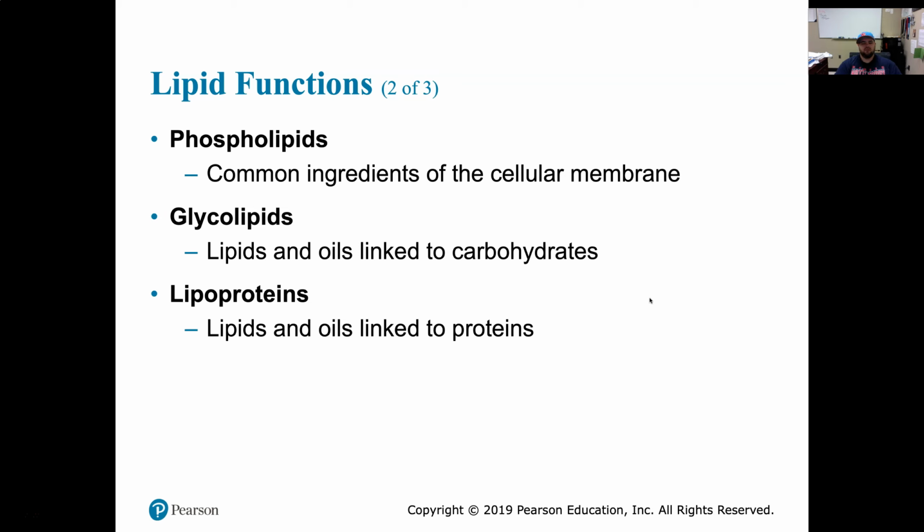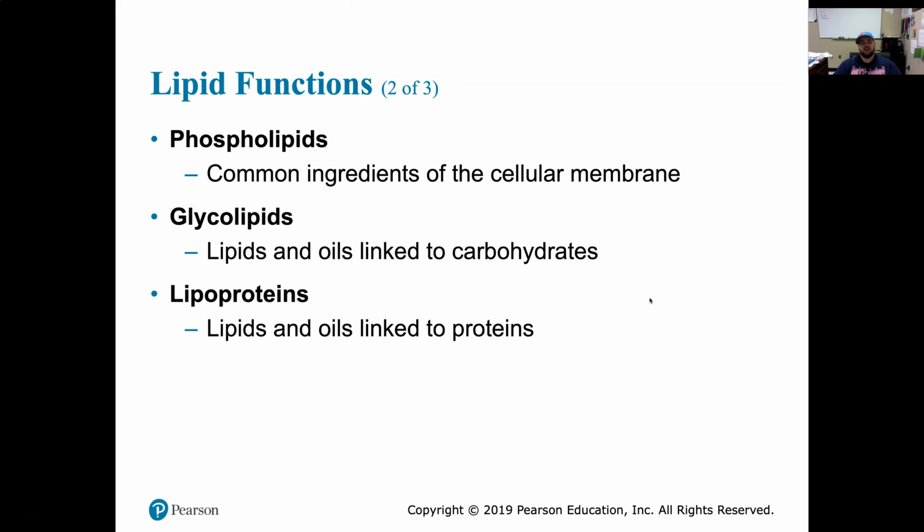Now, glycolipids and lipoproteins, they're simply lipids attached to something else. So glyco is going to be short for carbohydrates. So glycolipids are lipids or oils attached to a sugar. Lipoproteins are lipids or oils attached to a protein.